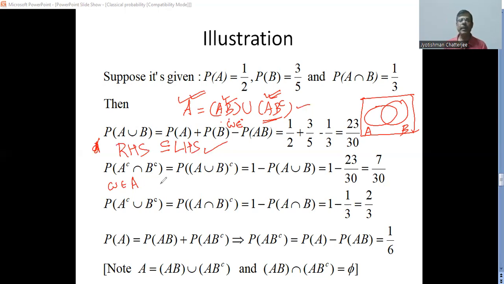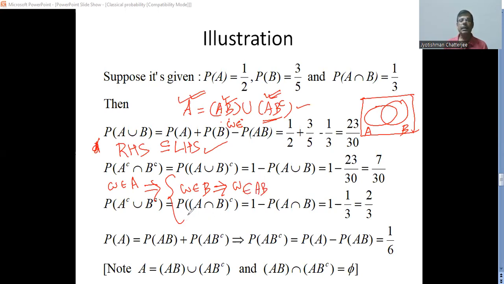If omega belongs to B, in that case, omega belongs to AB, right? We have taken omega belonging to A. Two scenarios are possible. First scenario, omega belongs to B. In this case, omega already belongs to A and it also belongs to B. So omega belongs to AB.